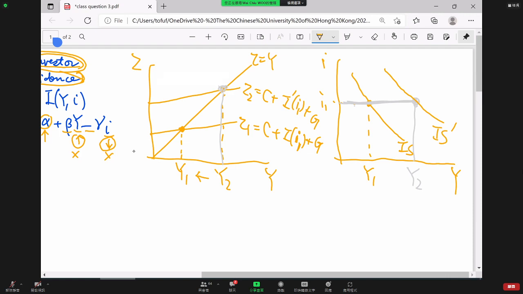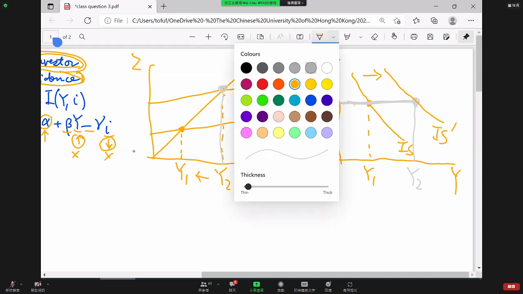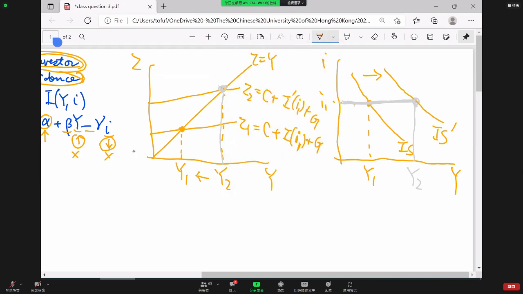So the result for subquestion A is that if there is an investor confidence effect to increase investment, it should be reflected as a Y-wave shift in the IS curve. And a Y-wave shift in the IS curve would mean that even at the same interest rate, people would want to invest more, and so the goods market will involve a higher GDP level.